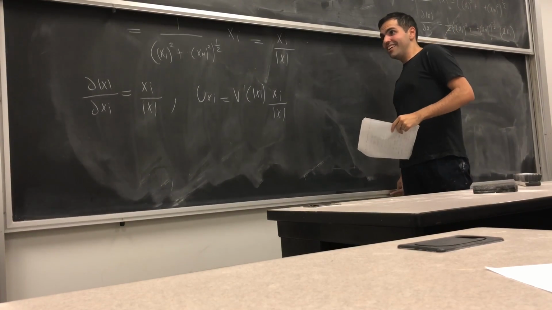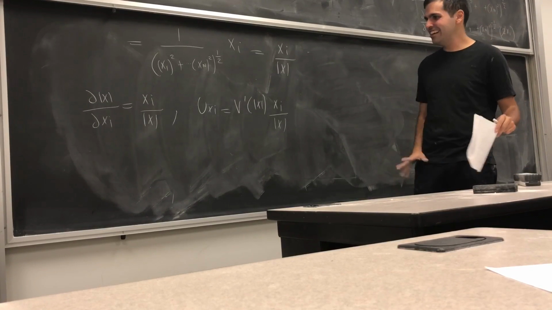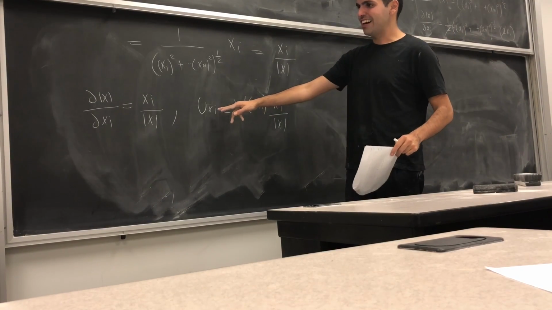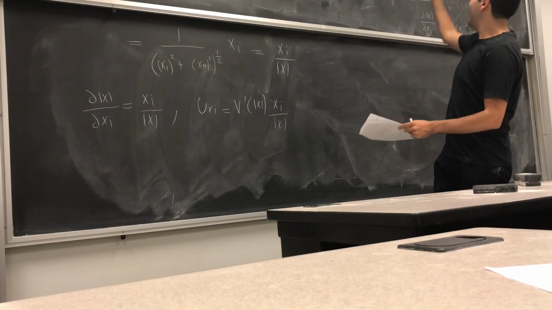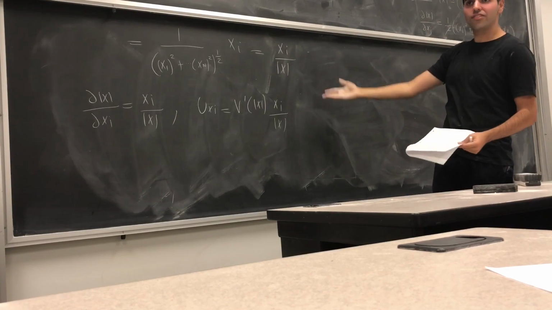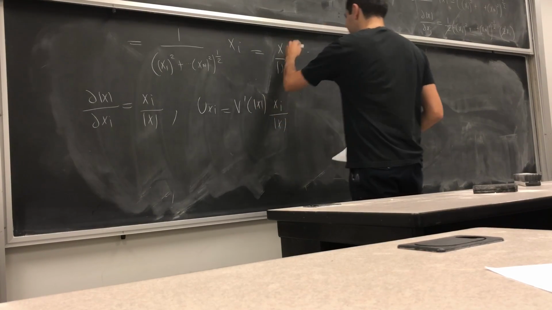Okay. Unfortunately, we're not even close to being done because we found u_xi, but now we want to do it again, because ideally we want to plug this into Laplace's equation. So, what becomes of u_xixi?